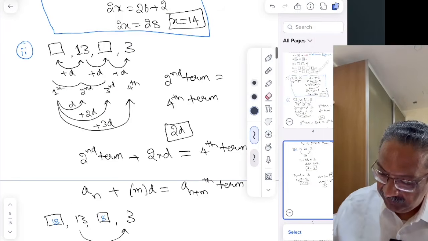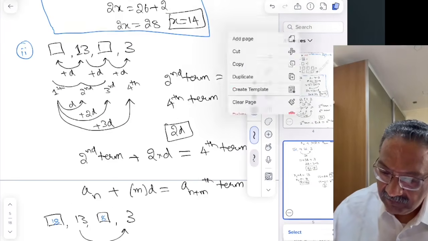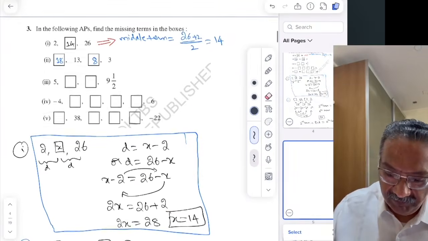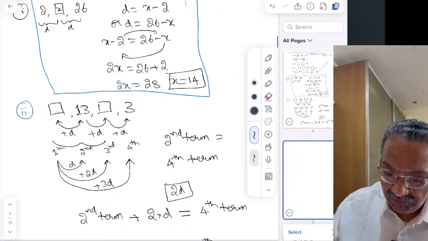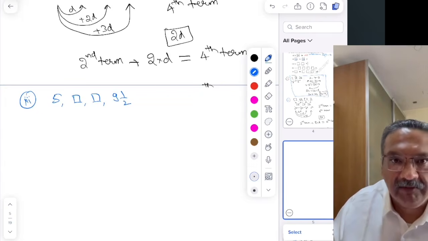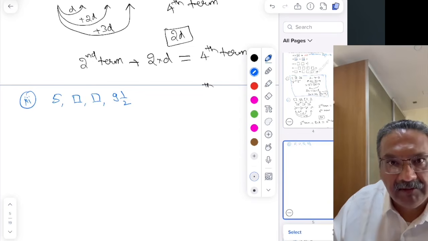I need to add a page here. So the third one will be 5, box, box, 9.5. How many terms are missing? 2 terms.